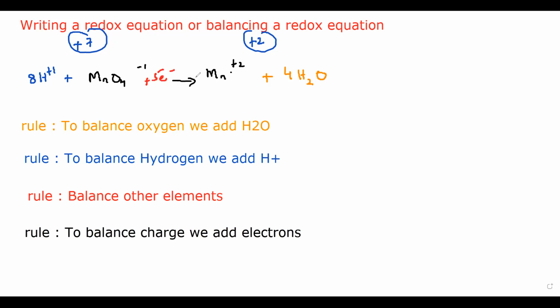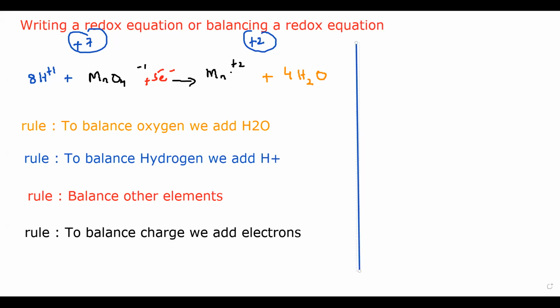Now this equation is balanced in terms of hydrogen, oxygen, other elements, as well as charge. Is it clear how to balance a redox equation? That is the first example. The main thing is to learn and memorize the rules, because whenever we balance a redox equation, we always start with oxygen.